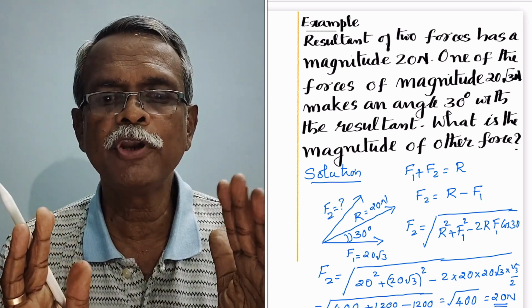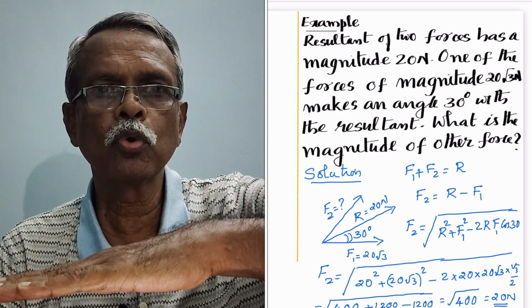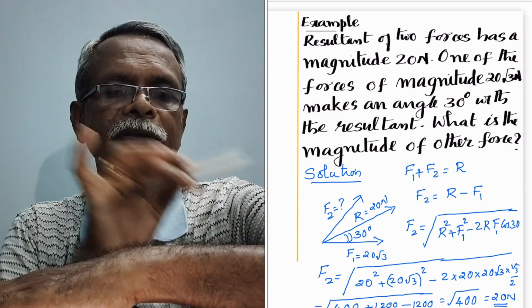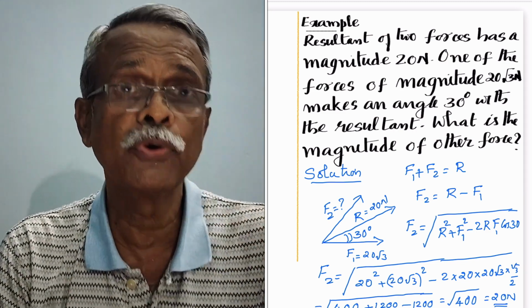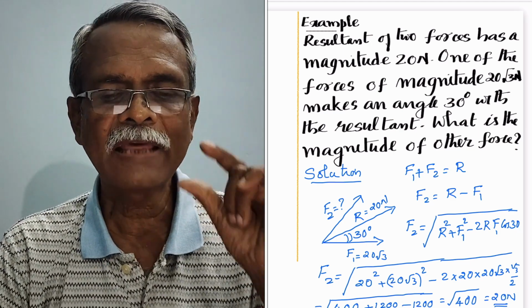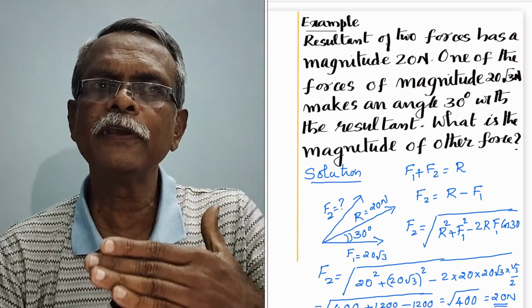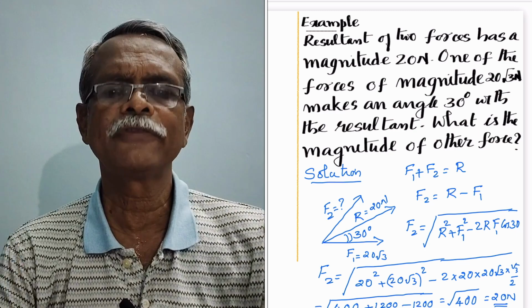Therefore, the angle between the vector 20 root 3 and the resultant is given as 30 degrees. What is the magnitude of the other force? That is slightly tricky, but it is very easy to do if you know the concept.